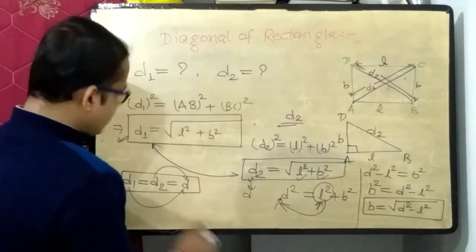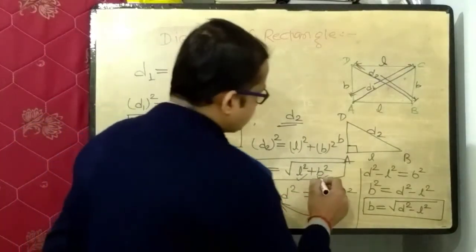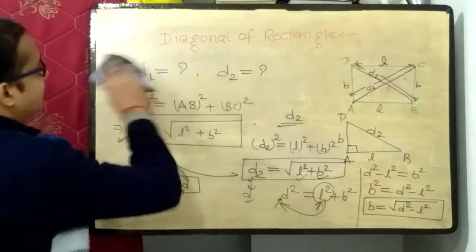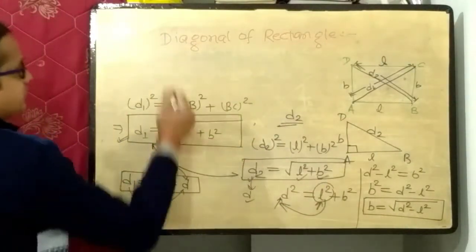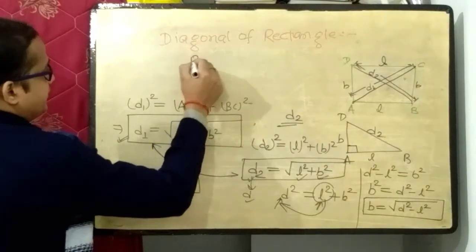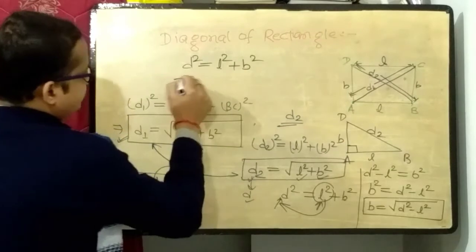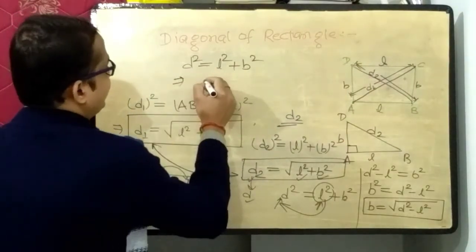Suppose the diagonal length is given, the breadth is also given, and you have to find the length. Then how will you calculate? Further, we know that d square equals l square add up b square. You have to find the length of the rectangle.